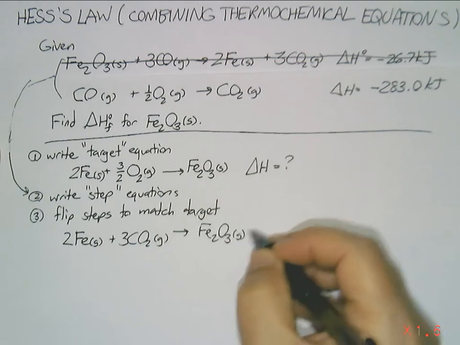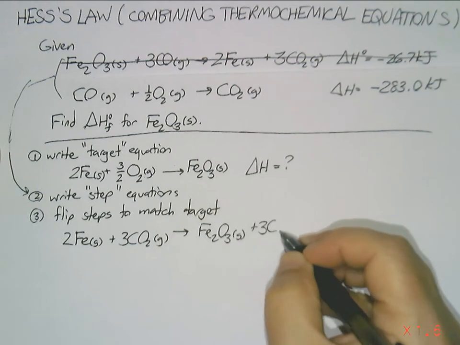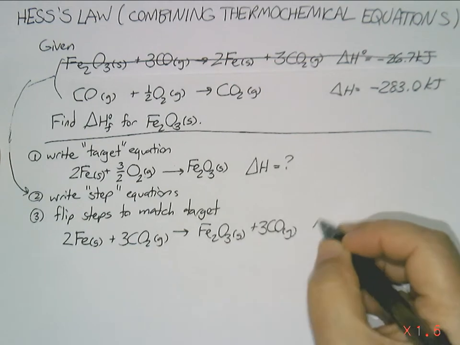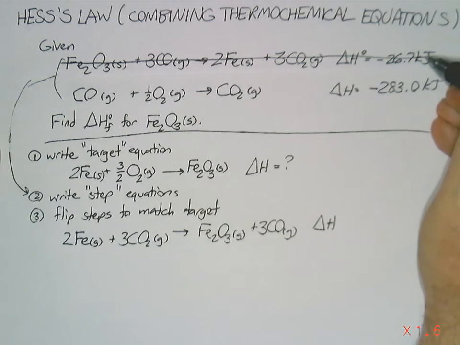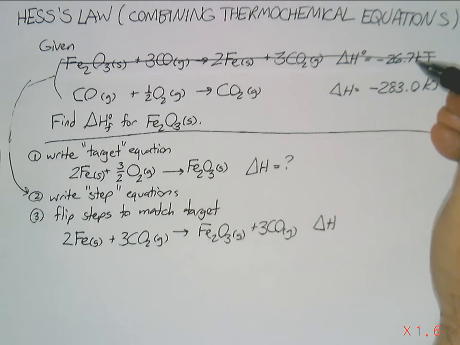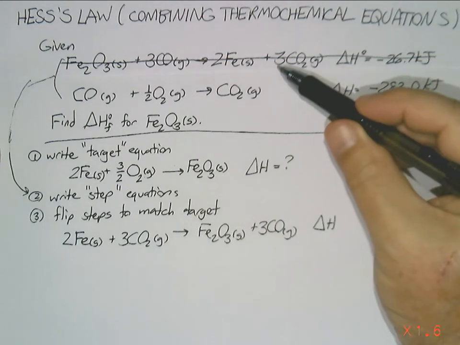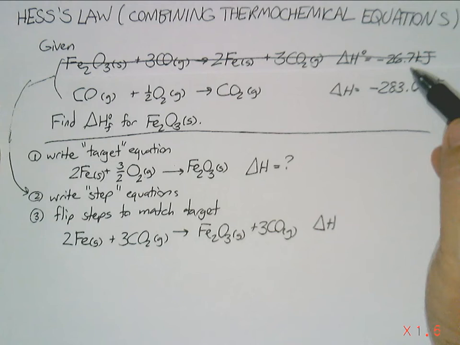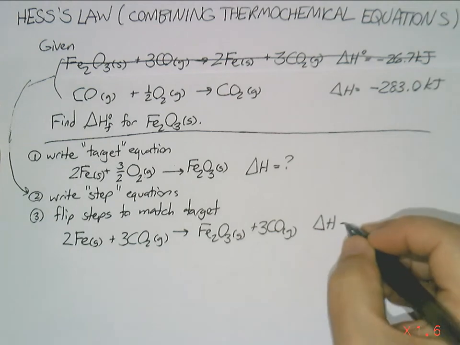I'm just flipping it over. Now what happens to the delta H when I flip it? If I made this backwards, I have to make this backwards too. I have to flip the sign on it.